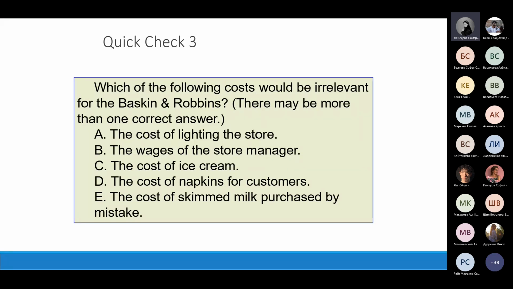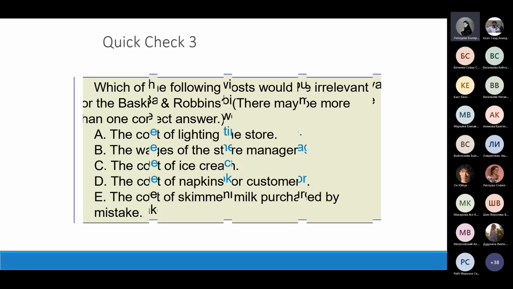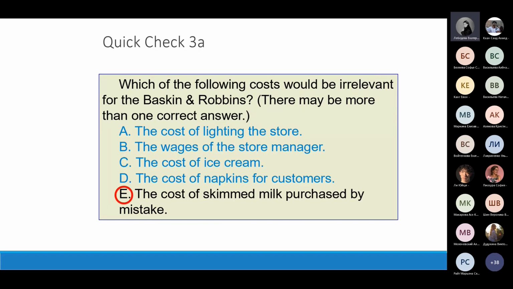I have one answer, and of course you're right. This cost is irrelevant because it's purchased by mistake, and we do not need this product to produce the finished good.